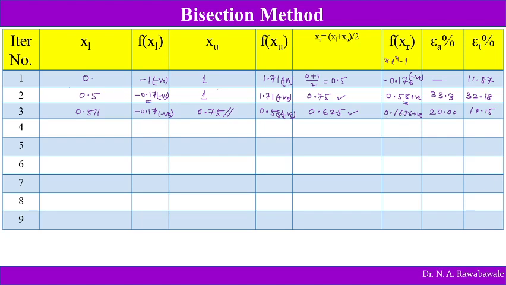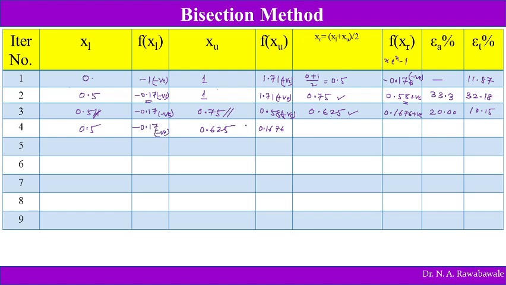So this positive again replaces old positive, so 0.1676, and this is 0.625. Negative is going to be continued, 0.5 as it is, and minus 0.17, this is negative.